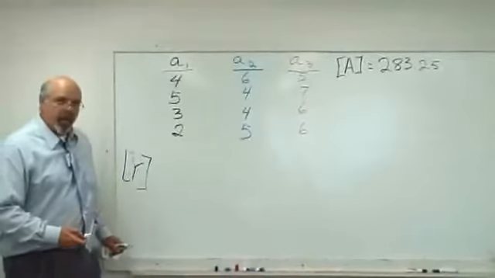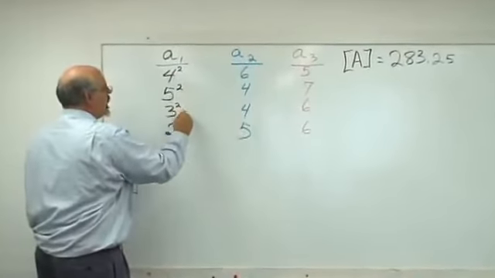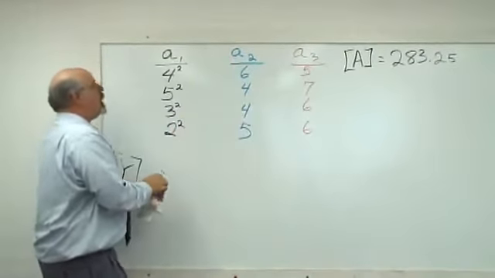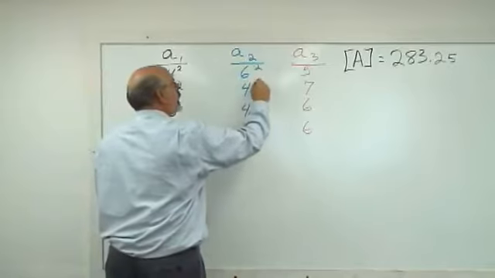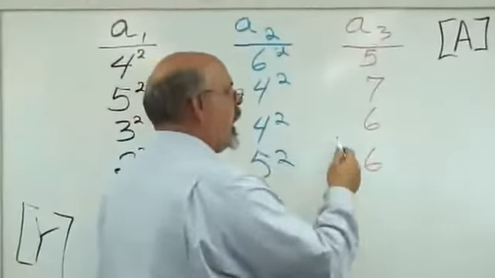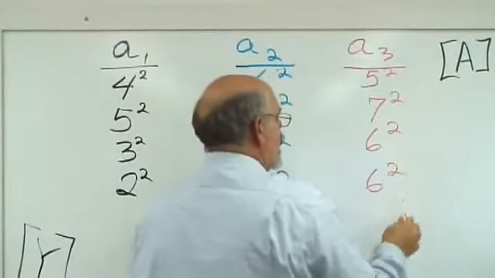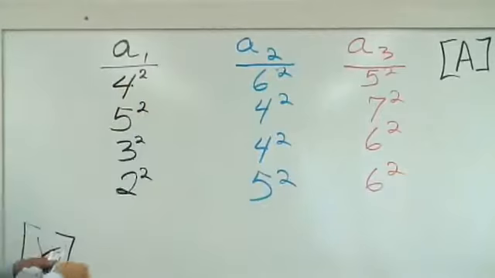To find the Y bracket term, you simply square each individual measurement from all of the groups, observation, whatever you want to call it. Square them all and then add them all up.